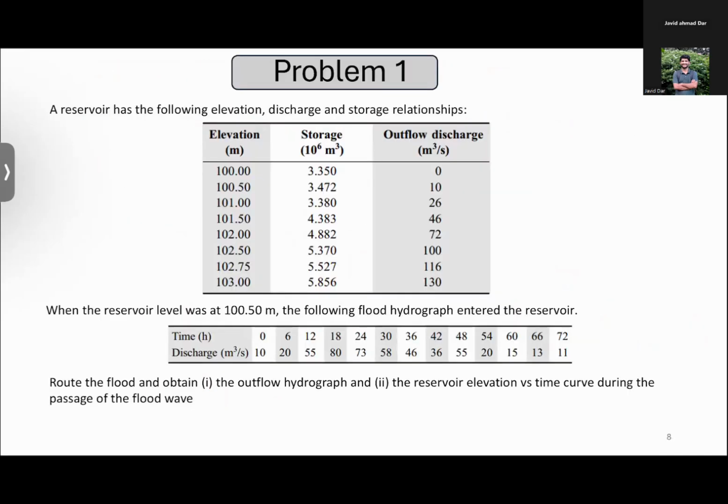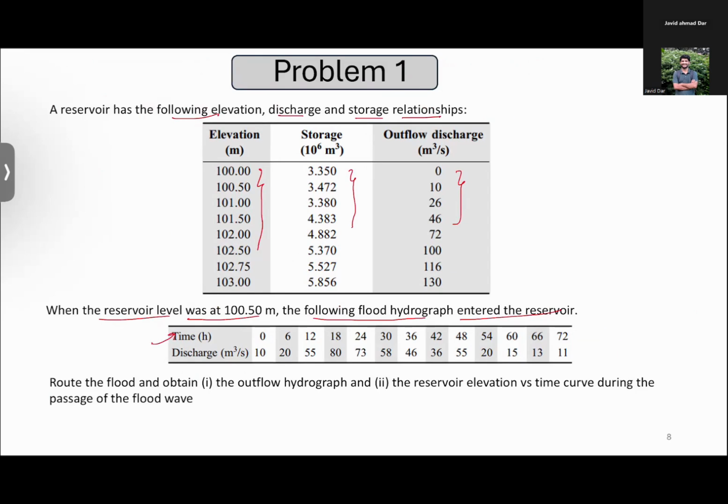You are given a reservoir that has the following elevation, discharge and storage relationships. So this is your elevation, this is your storage, this is your outflow discharge. When the reservoir level was at 100.50, the following flood hydrograph entered the reservoir.